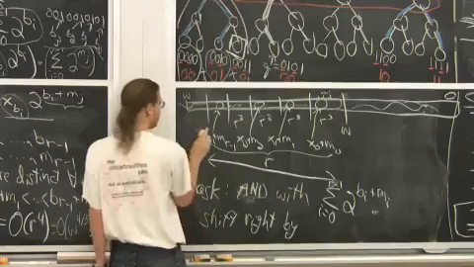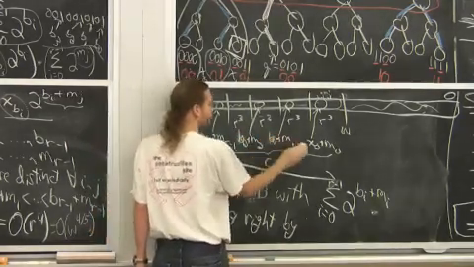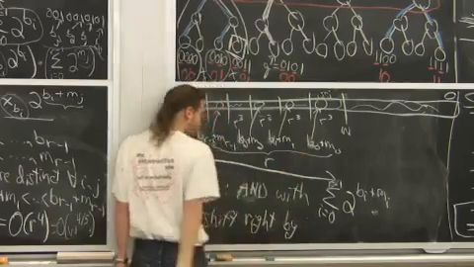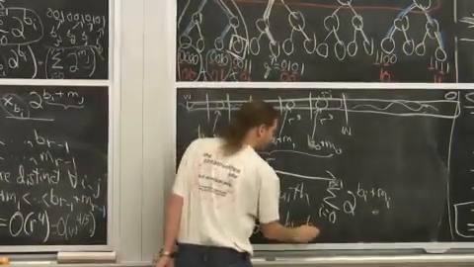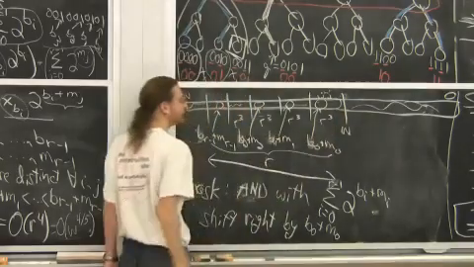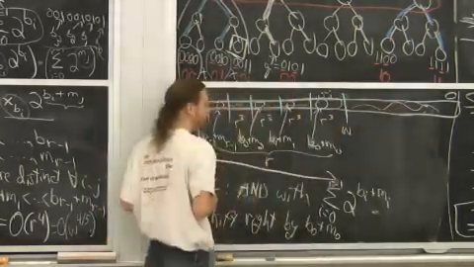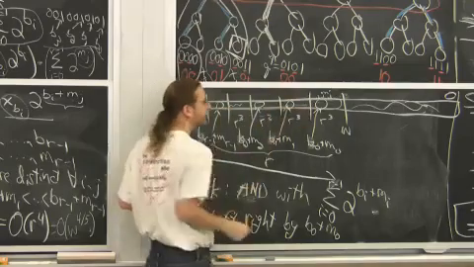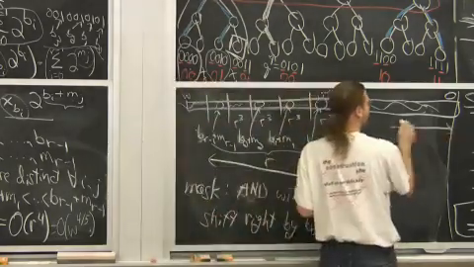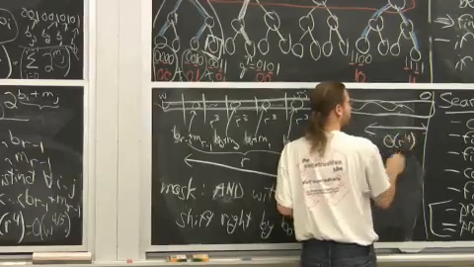Sorry, these are all b's. We shift right by b_0 plus m_0, because we don't care about all those leading bits. So we shift this over to the left. We did the mask. Then we will just have the important bits, and they will occupy an interval of size at most, let's say, order r cubed, or r to the fourth, sorry.